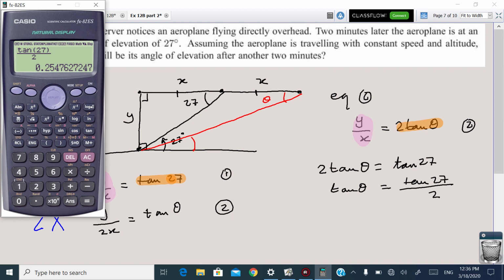So theta, we don't need to write this down. Theta equals the inverse tan of this. So shift tan of the answer, and this is 14.3 degrees. So theta equals 14.3 degrees.